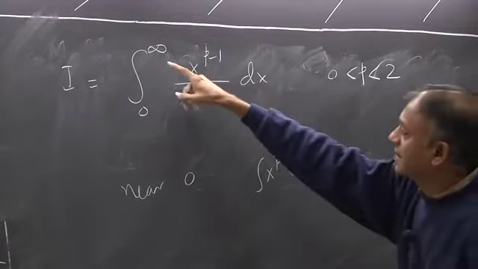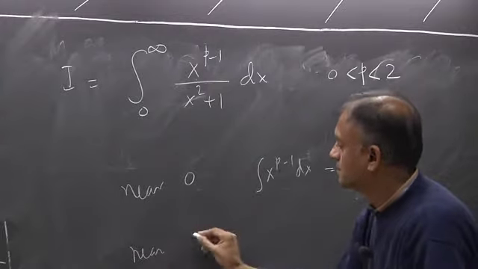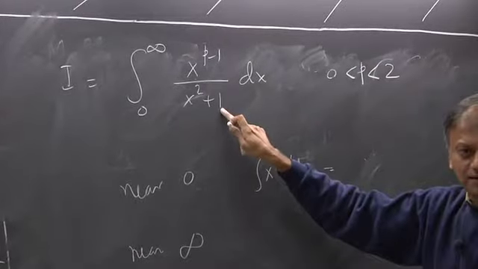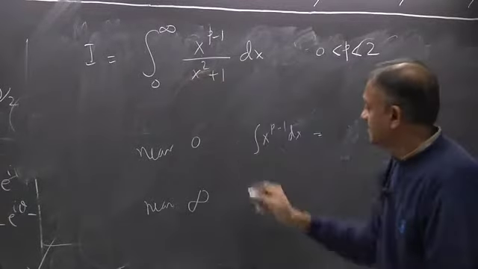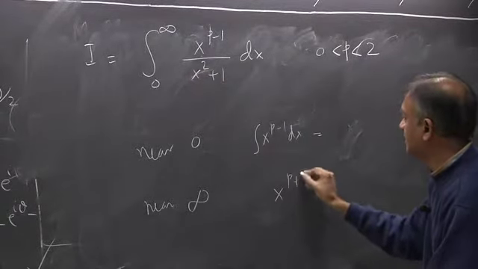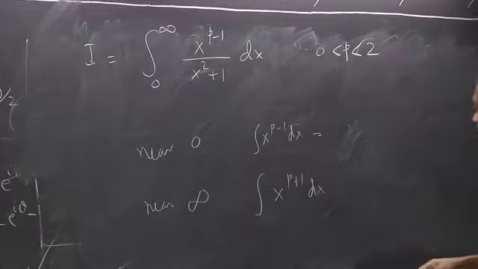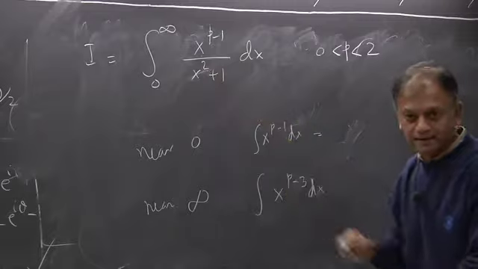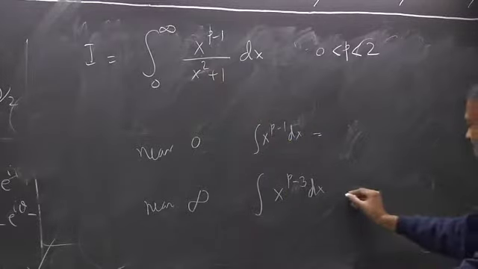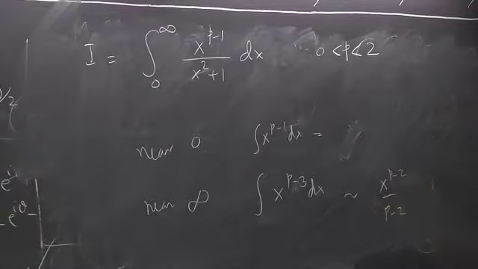Similarly, if you look at the limit x going to infinity, I can forget this 1, because x square is much larger than 1. So in that case the integral becomes x to the power of p minus 1 minus 2, which is p minus 3. Sorry, p minus 1 minus 2 is p minus 3, so the integral is x to the power of p minus 2 divided by p minus 2.